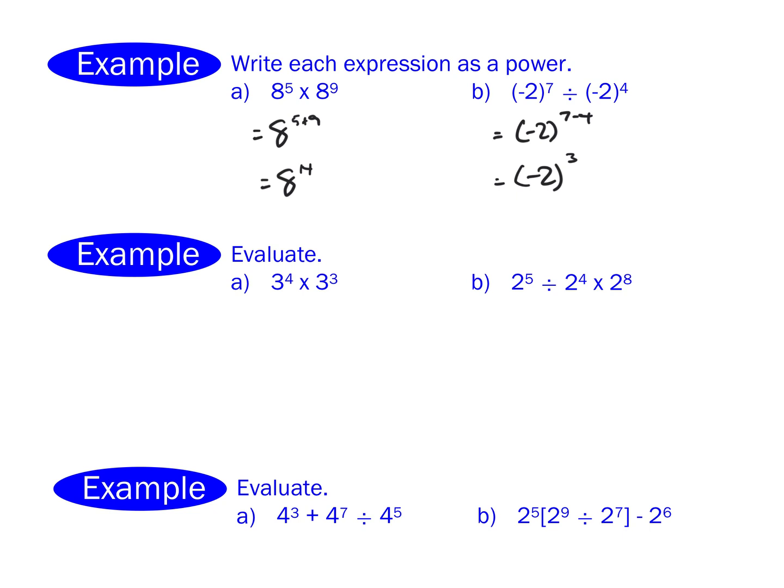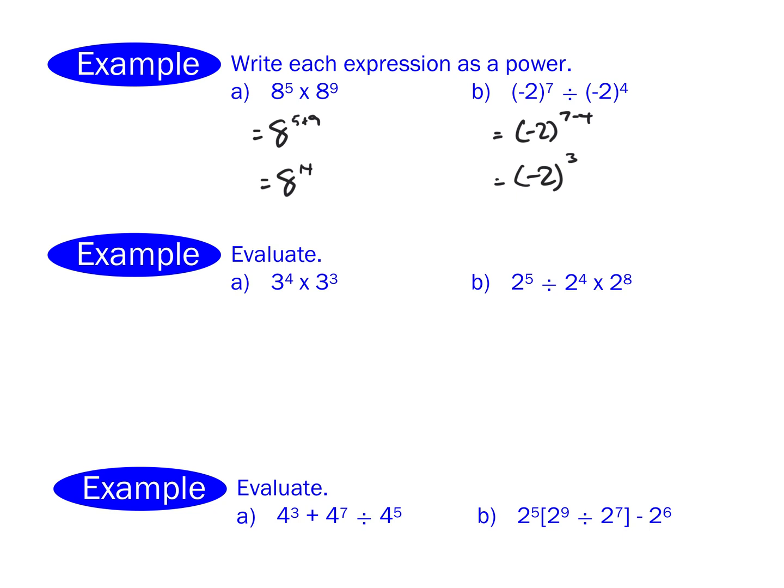Both of these questions told us to write the expression as a power. That's why we don't write it as an answer. We figure it out as a power, and that's all we do.